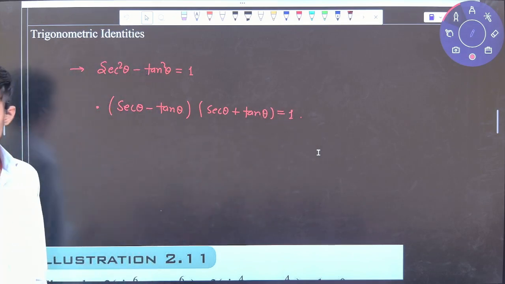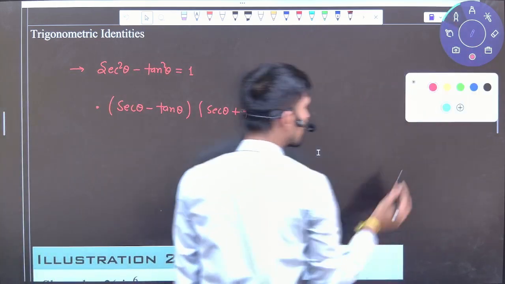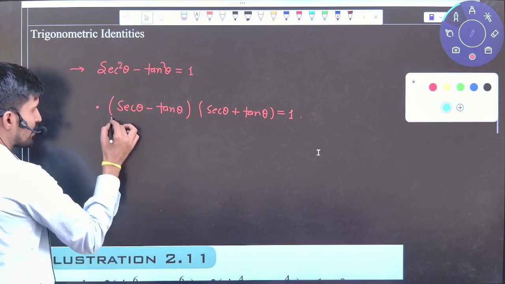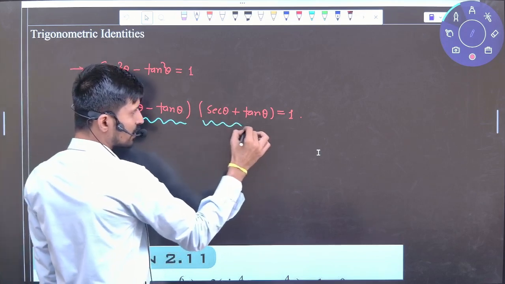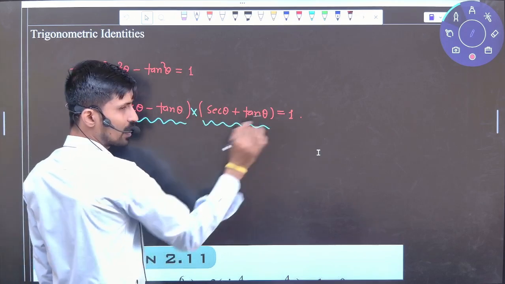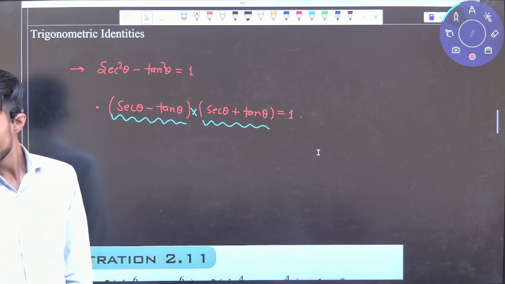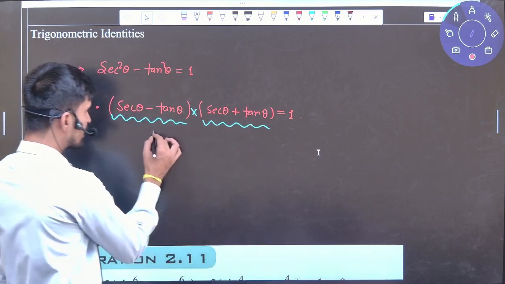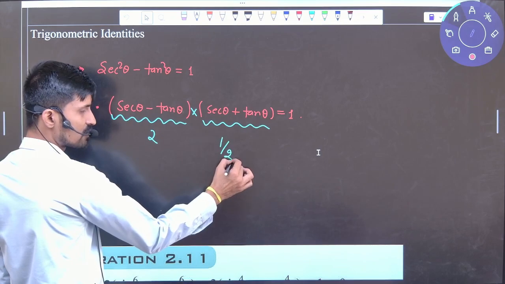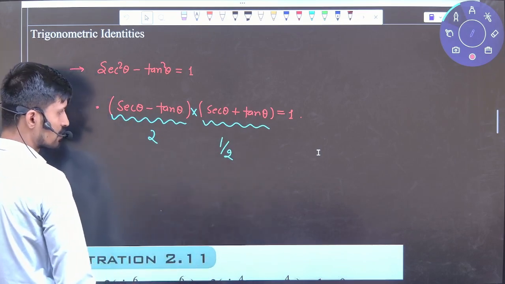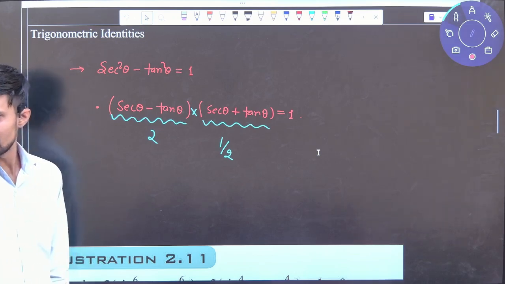This is a very good concept you are going to learn. See this number, this is one number and this is also one number. Both product is 1. It means 100% if this number is 2, that number will be 1 by 2.